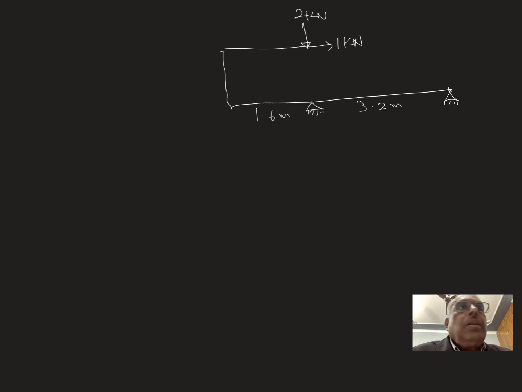This is A, B, C, D and E. This is 1.2 meter. You have to find out what is the bending moment at C. How can you find it out?